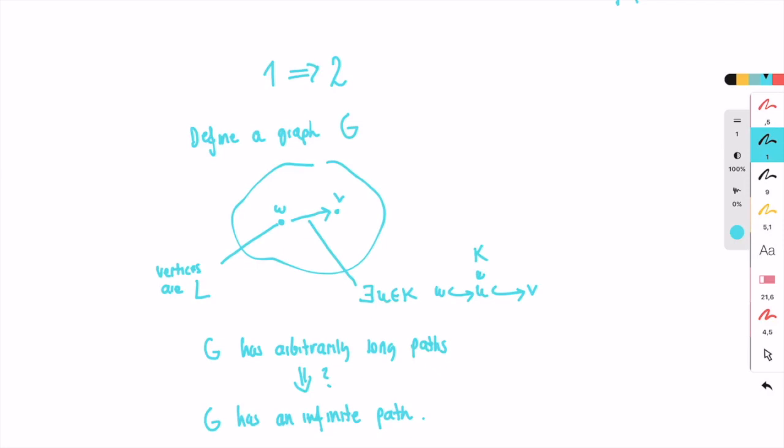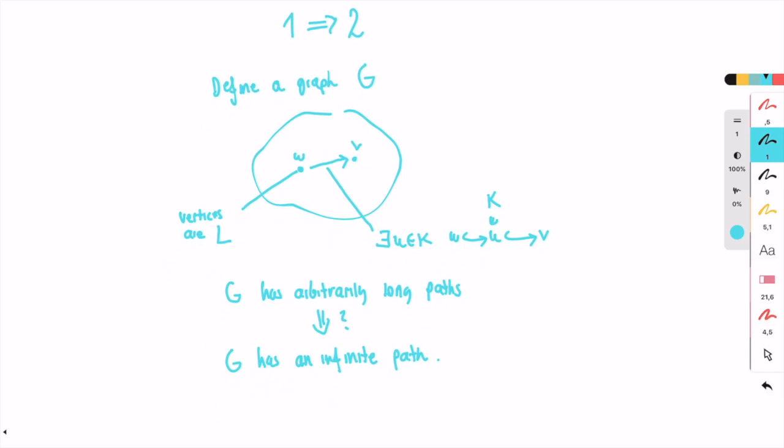So, let's define L omega to be the words which have arbitrarily long.